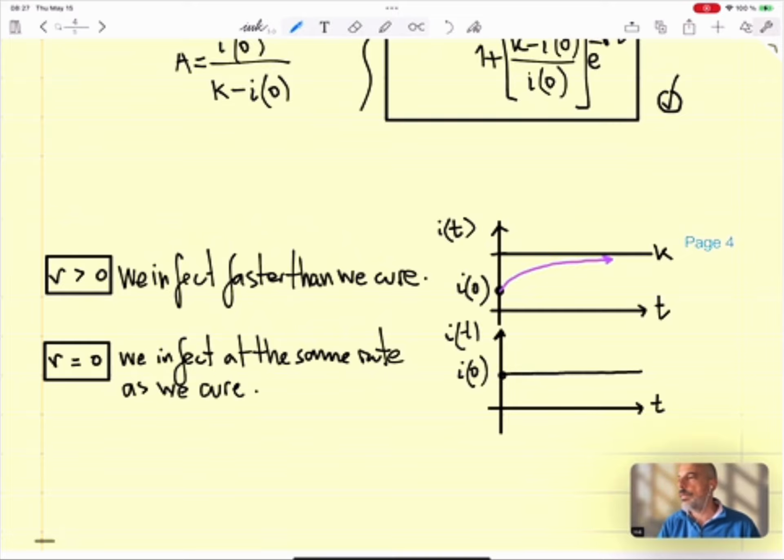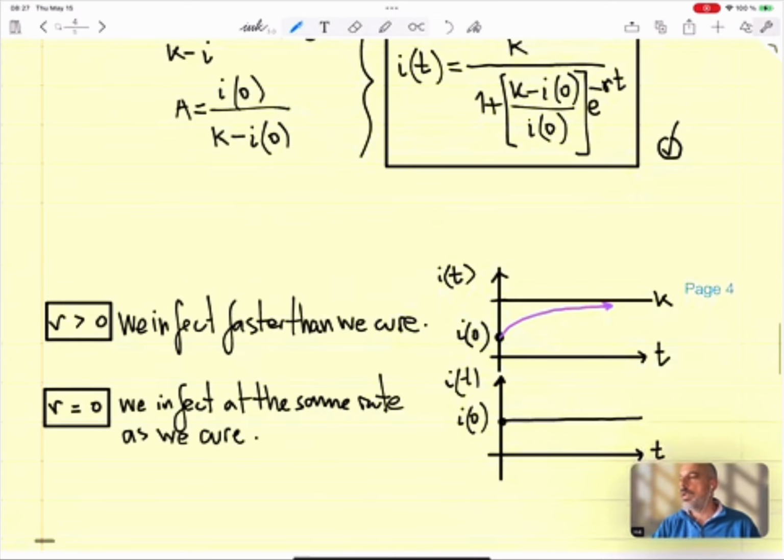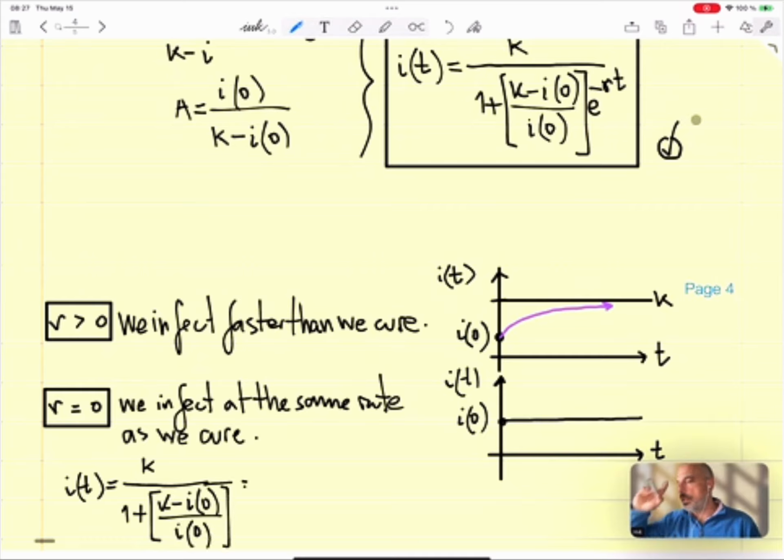If r equals 0 in the equation above, we have k divided by (1 plus (k minus I0) divided by I0), because the exponential is 1.